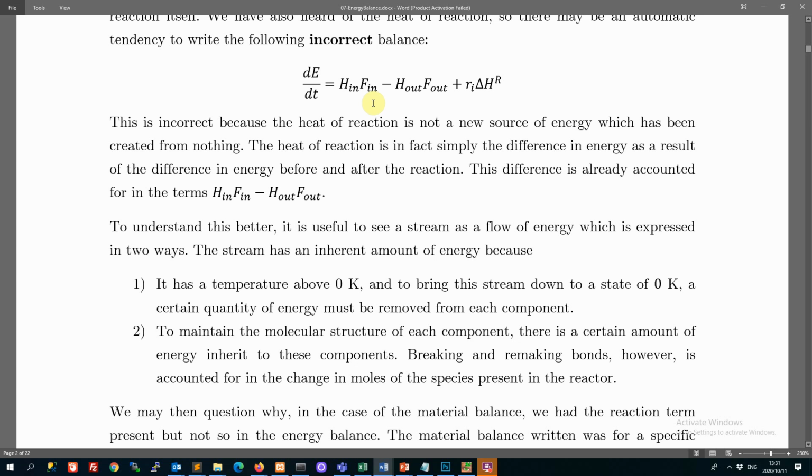So all our streams have a certain kind of energetic content. If the temperature is above 0 Kelvin, so if you think of 0 Kelvin as the zero energy state, the moment you go above 0 Kelvin, the moment, let's say, your inlet stream is ambient temperature, like 25 degrees Celsius, then this has an energy content.